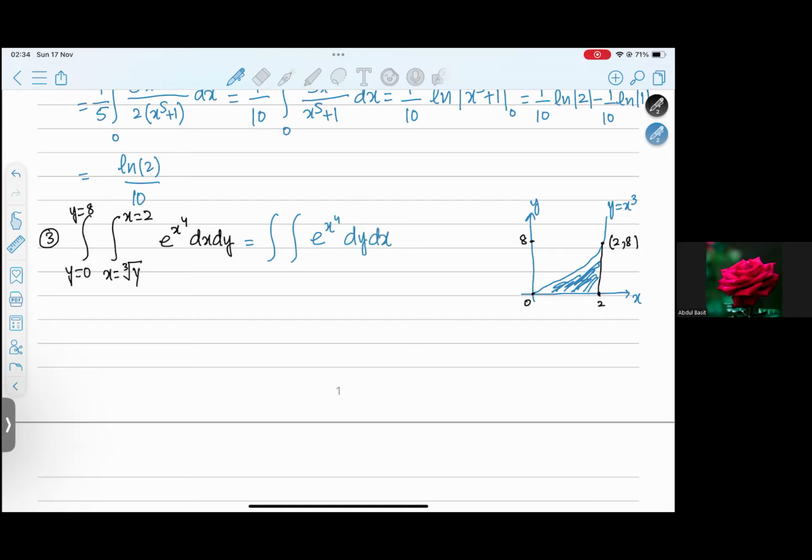The x limits are outermost, so x goes from 0 till 2. x is equal to 0 till x is equal to 2, and my y value goes from y is equal to 0 till y is equal to x cube. So y is equal to 0 till y is equal to x cube, right?